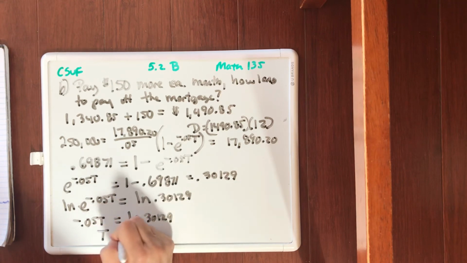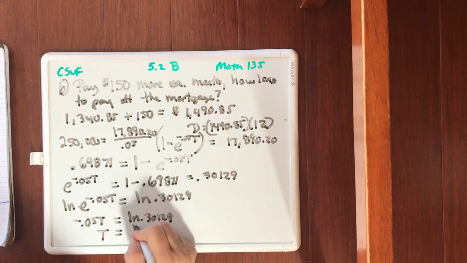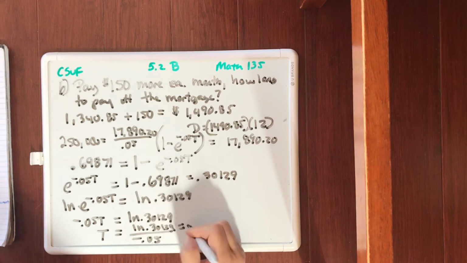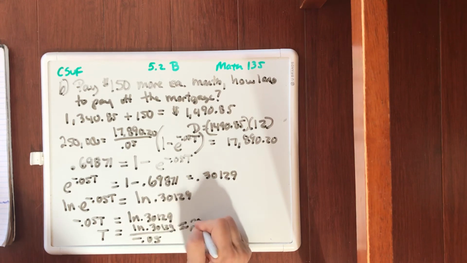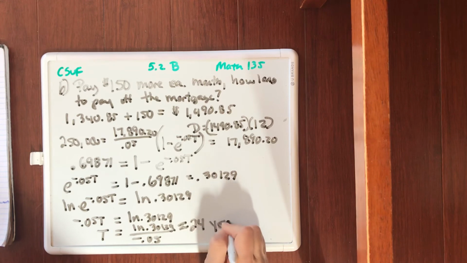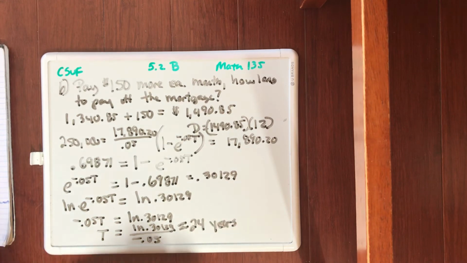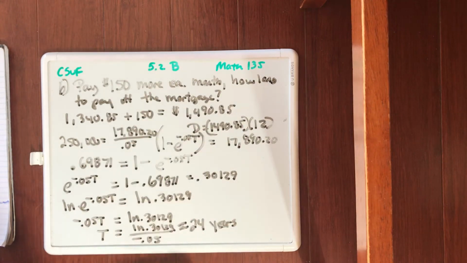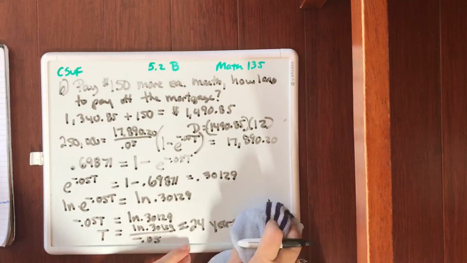Solving for t, we're going to divide ln of 0.30129 by negative 0.05, and that is going to give us approximately 24 years. So the question was how long to pay off the mortgage? 24 years if we add $150 more.